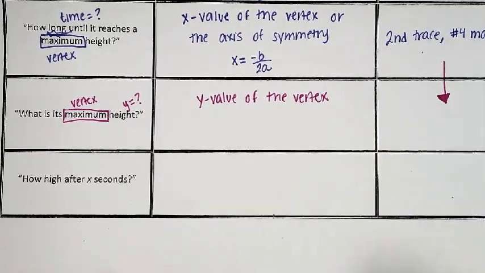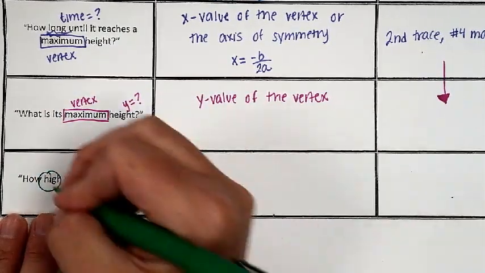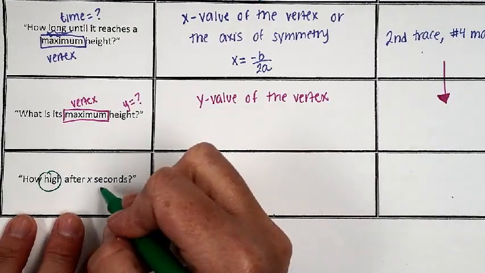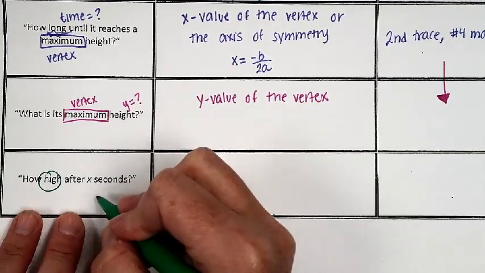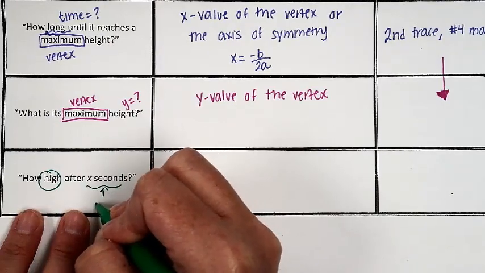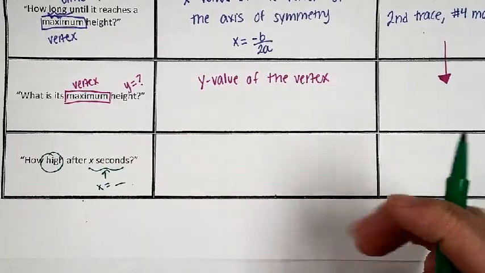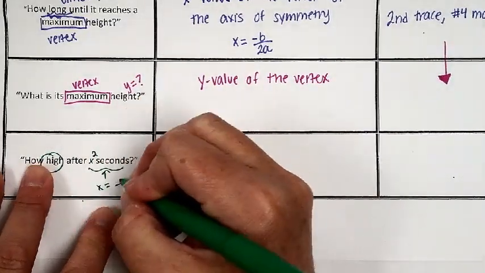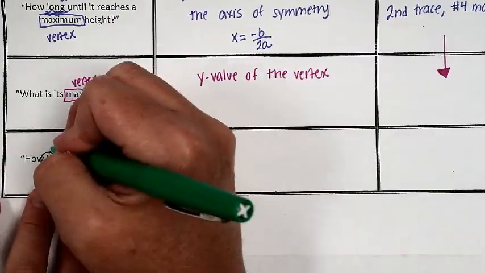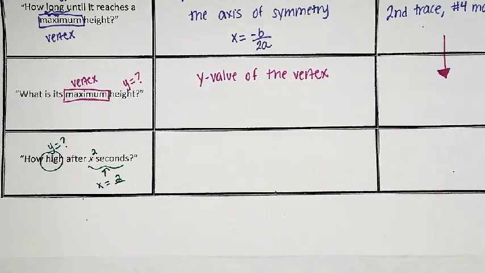And last one here, how high? So for how high, you're after x seconds. So what you would do is you would put this in for x, whatever number you had. Let's say it was 2 seconds, then you would plug in x of 2 and solve for y.